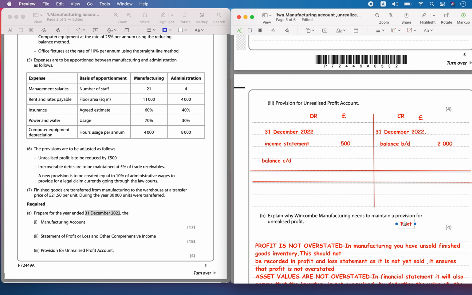So now the new balance, after calculating and adjusting, will be 1500. So this will be the new balance, and that will be entered into the financial statements.